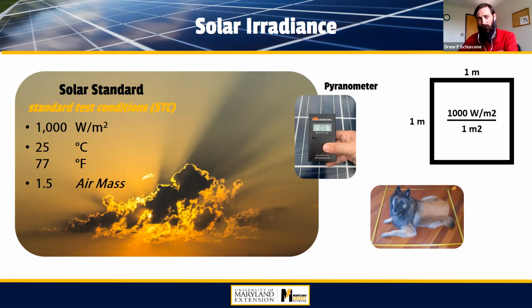What you'll see embedded in this is you're looking at a certain space on the ground, 1 meter by 1 meter, or 1 meter squared. Not all of our panels are that size, and so we'll have to account for that. But again, this is just the standard. Temperature is also a factor of the solar standard: 25 degrees Celsius. The reason this is important is panels operate at different efficiencies based on what temperature it is.